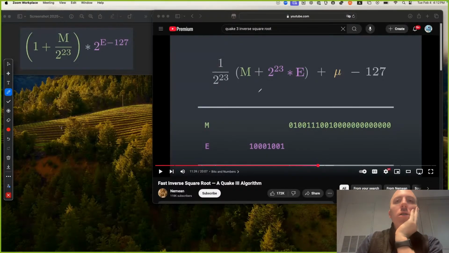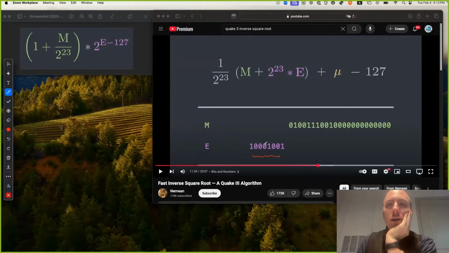So I guess when you're looking at an IEEE number, you can't just read off the exponent like, oh, this is 2 to the 100 and whatever. You actually do have to subtract 127, and that's the exponent.